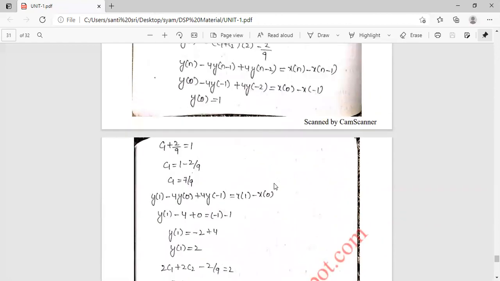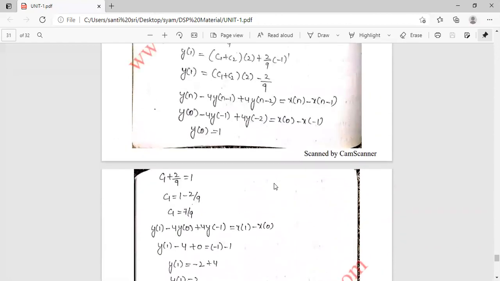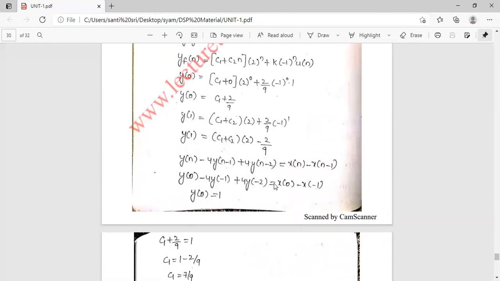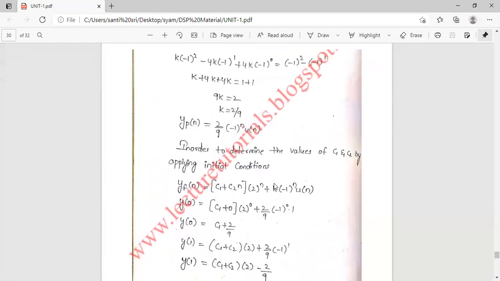So in this unit we discussed systems, signals, classification of systems, types of systems, types of signals, and time response analysis of discrete time systems, forced response, and frequency response analysis of discrete systems.